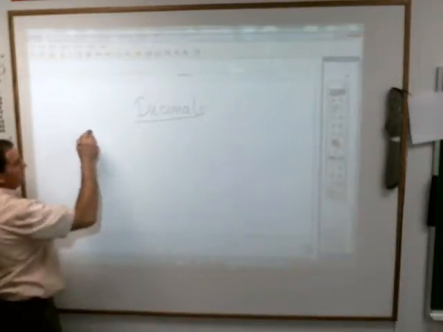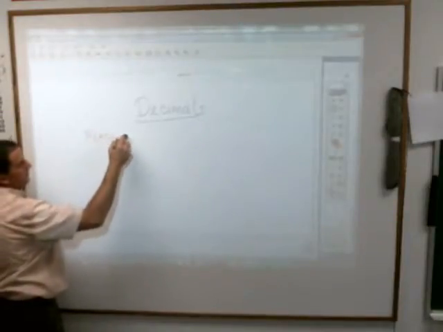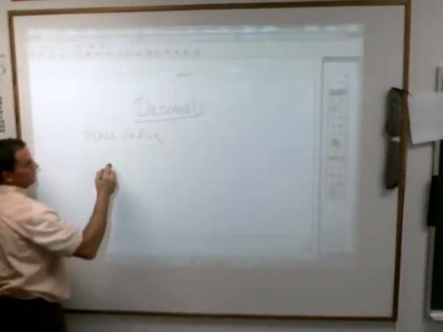Let's see, first thing, I don't know if we have to do place value or not with decimals, but let's write it down. Some of you, I'm sure, could use a little refresher here.